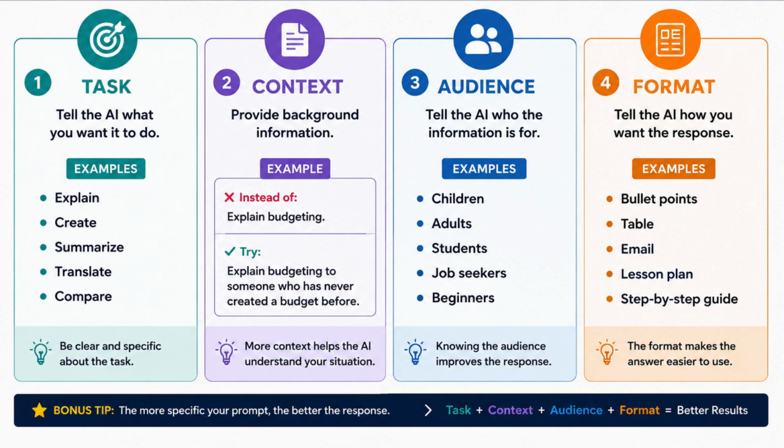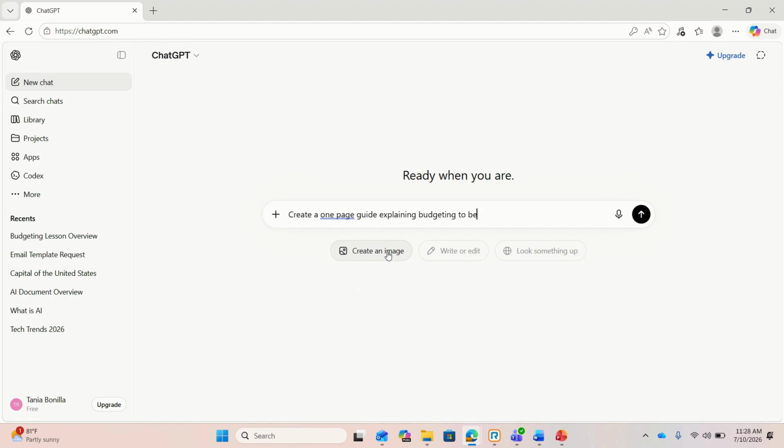Format. Tell the AI how you want the response. Examples: bullet points, table, email, lesson plan, a step-by-step guide. A simple formula can help you create better prompts. Task plus context plus audience plus format.